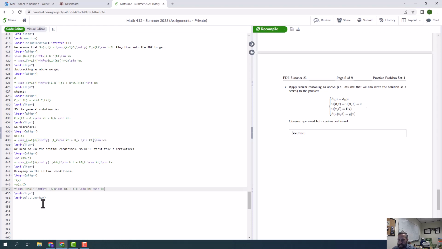This is what u of x,t is. When I plug in t equal to 0, notice the sine term goes away because sine of kt is 0, and cosine of kt is 1. And so we're just left with a_k.